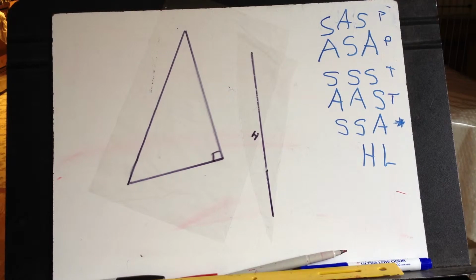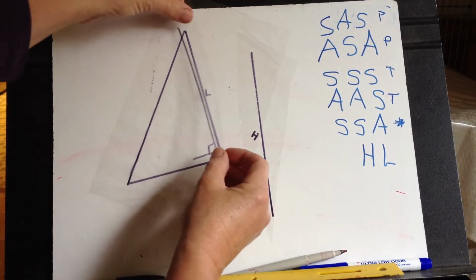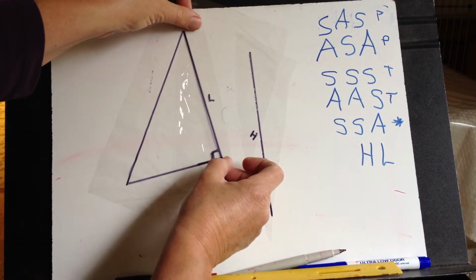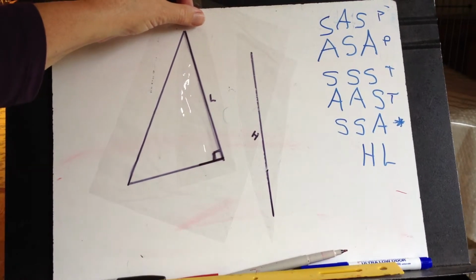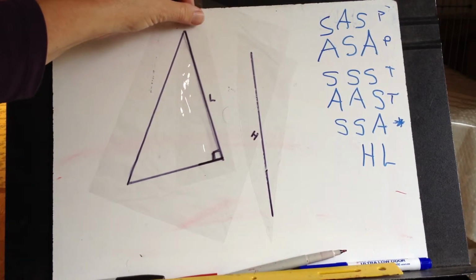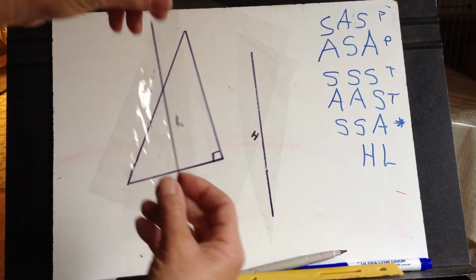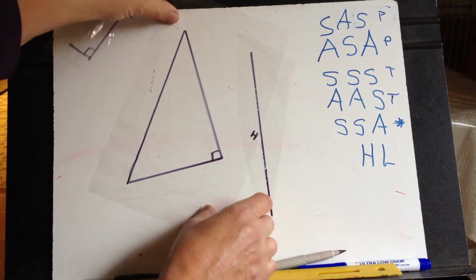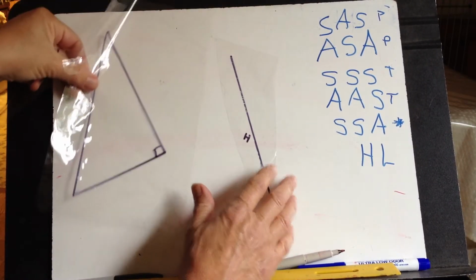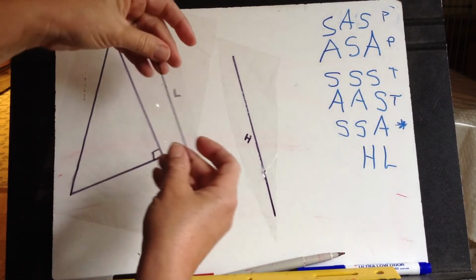And then I have a leg piece that matches the leg piece. And notice I didn't extend that side, except long enough to just include the right angle. Can I stick that hypotenuse on this leg in such a manner as to come up with a different triangle?